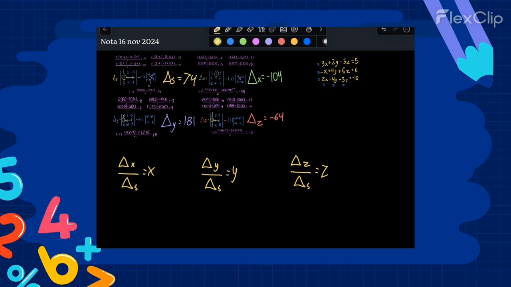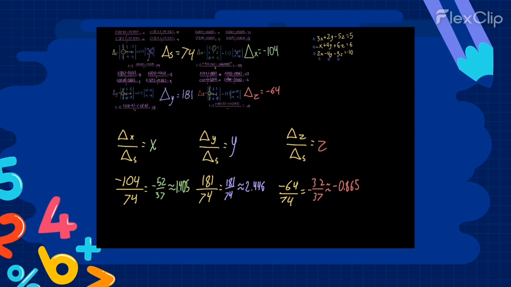Then we use Cramer's rule. We divide the determinant of each variable by the general determinant. So it's going to be the determinant of x over the determinant general, the determinant of y over the determinant general, or the determinant of z over the determinant general. So for x, it's going to be minus 104 over 74.